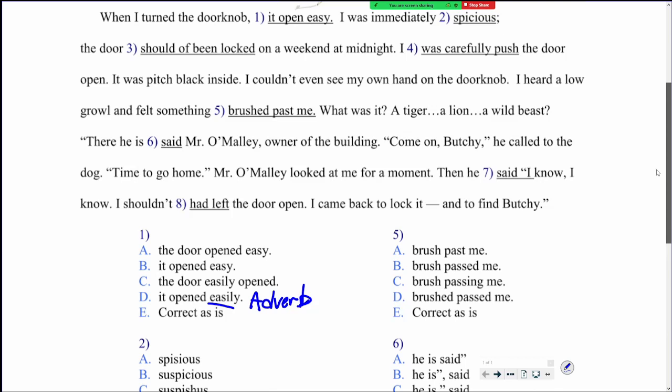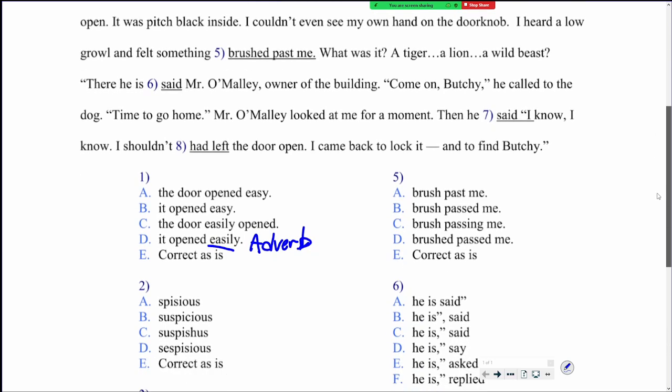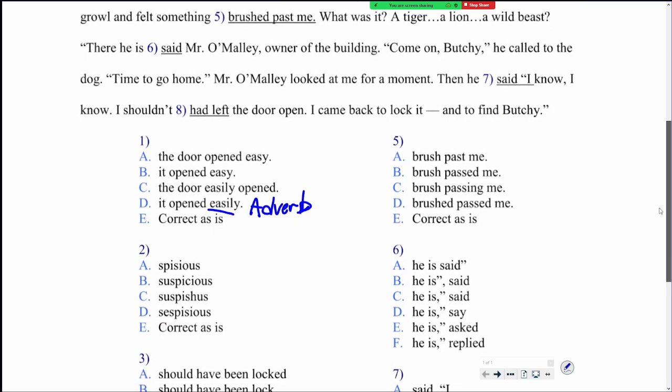There he is, said Mr. O'Malley. Right, so it should be there he is, comma, and then quotation mark, said Mr. O'Malley. So C is the correct usage, right?